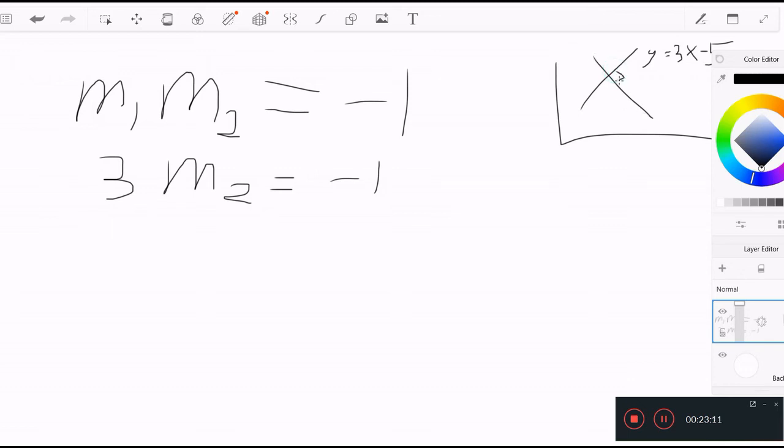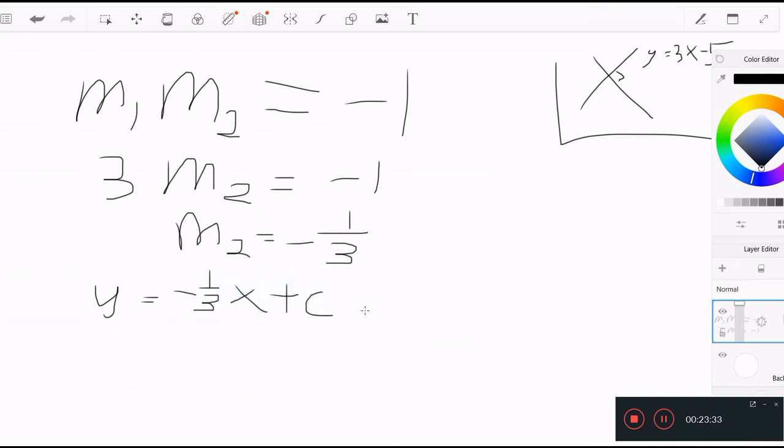So I know it is perpendicular, so I use this formula. I will find the slope for the perpendicular line, which is -1/3. So I got the slope, and the equation is y equal to -1/3 x plus c.